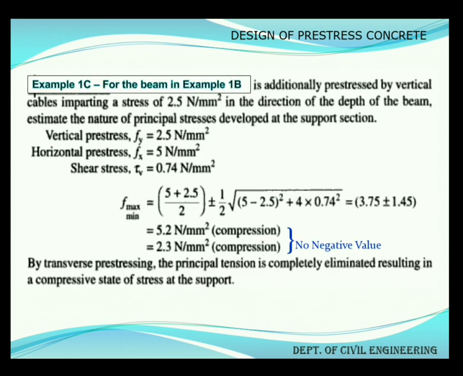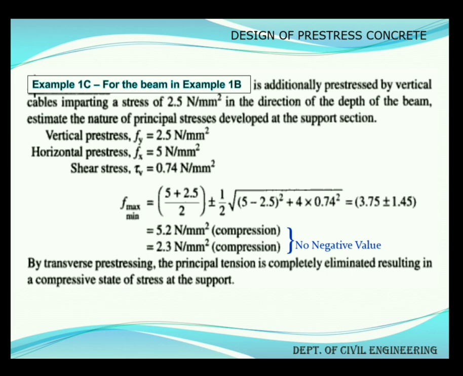Now, in the third example, one more new thing is introduced: in addition to the pre-stressing, a vertical cable imparting 2.5 Newton per mm square in the direction of the depth of the beam is provided. Now this is vertical pre-stressing.